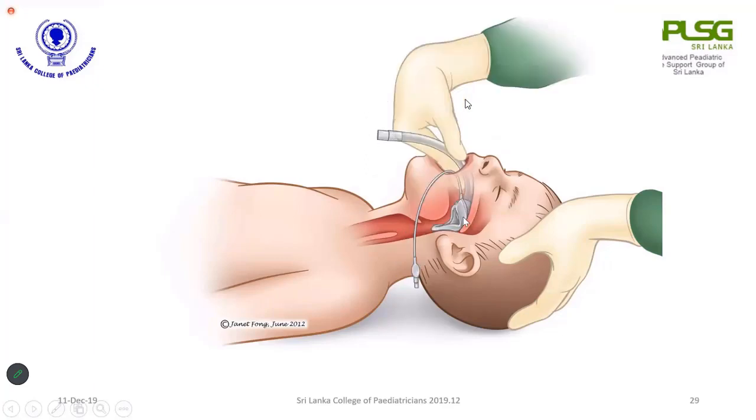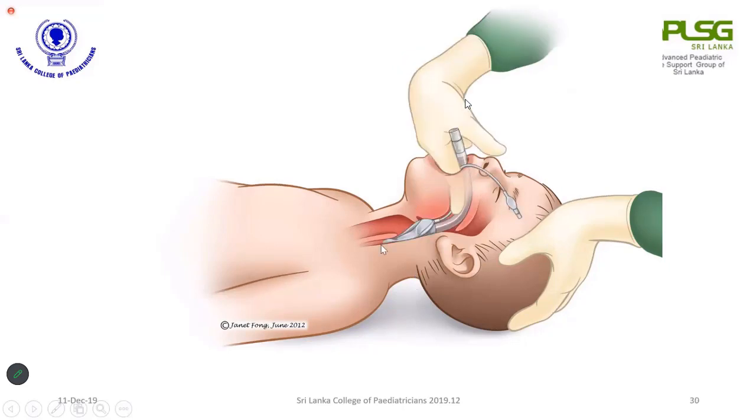Then you advance it further down, as you can see on this picture, with your index finger. You need to maintain the airway, as you can see here, in the correct position while you are inserting the LMA. Advance it further down, and at one point you will feel a give-way sort of feeling, and then you know that it's lying at the level of the epiglottis and the airway.